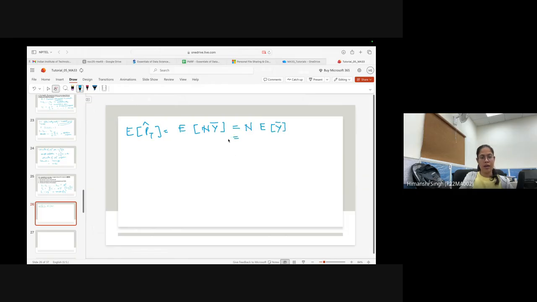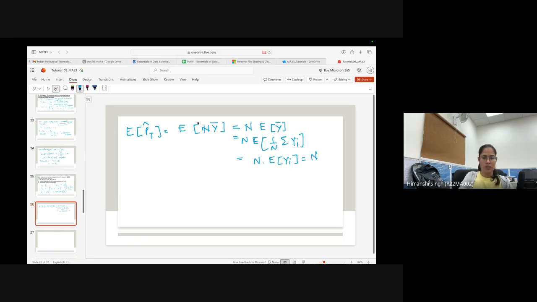That is N times the expected value of 1 upon n summation yi. So this will be N times the expected value of yi. So n will get cancelled and it will be the expected value of yi.